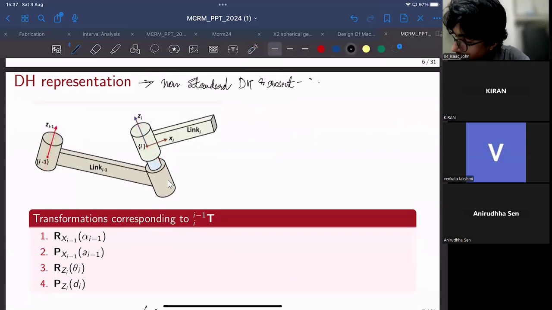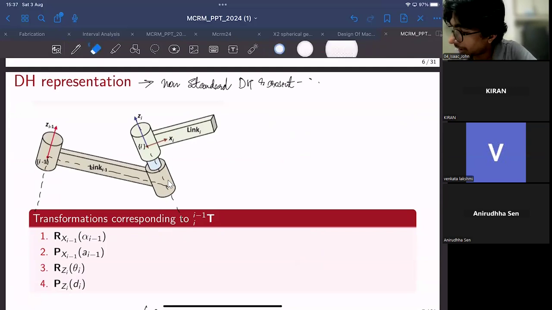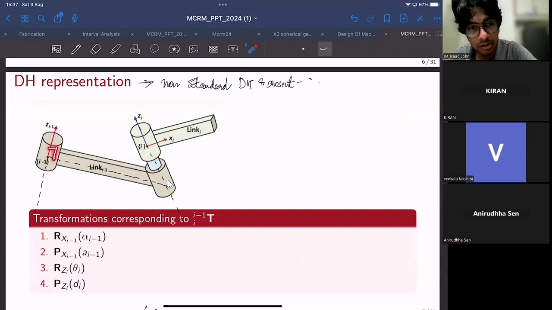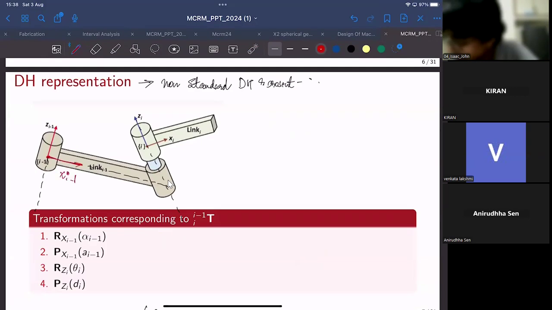So in this example, if I extend this something like this, so Zi would be lying along the common normal. If I draw this to be the common normal, I hope you can see the common normal is normal to Zi minus 1, and it is also normal to Zi. So Xi minus 1 would be along the common normal.